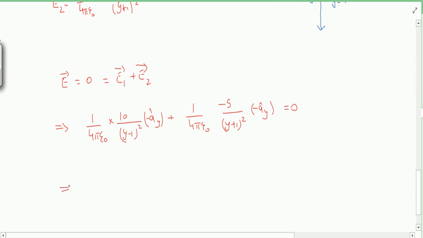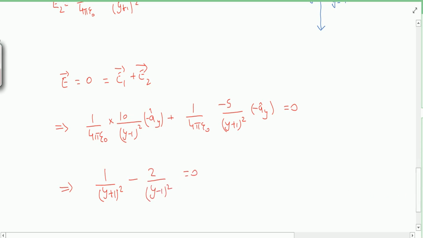Here minus and minus become plus, and there is only the ay component, so it drops out. Here what remains is 2 by y minus 1 whole square minus 1 by y plus 1 whole square equals 0.